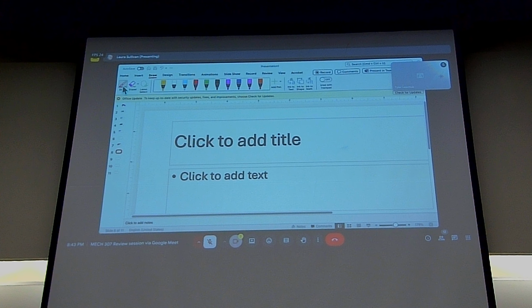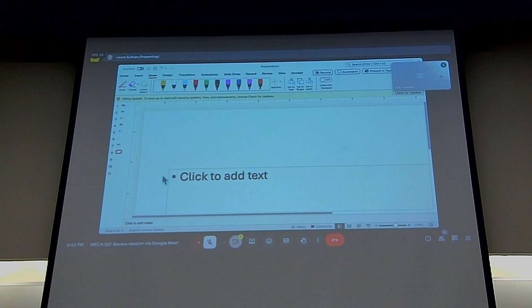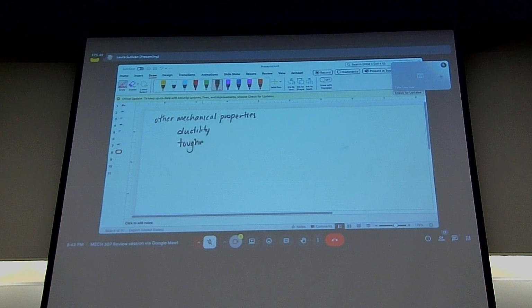All right? So that's our mechanical property calculations. Now, make sure that you look at your notes for the meaning and the measurement of ductility and toughness and hardness.